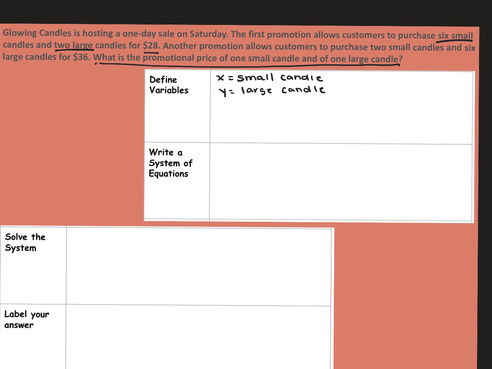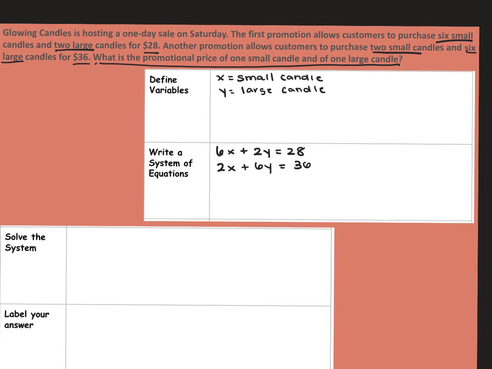All right. So I have 6x plus 2y is equal to 28. The second promotion says that I can get 2 small candles and 6 large candles for $36. All right. So I have 2x plus 6y is equal to 36.